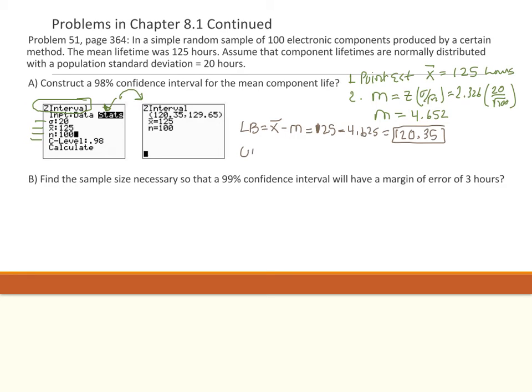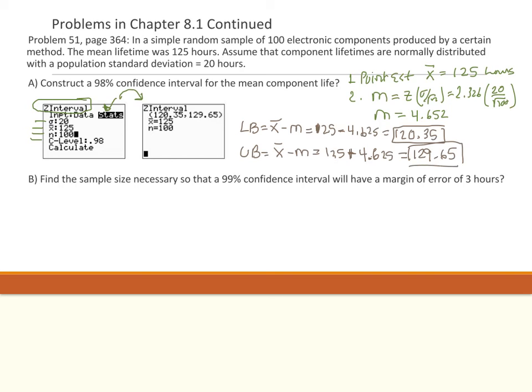And for our upper bound, we have x bar plus m, which is equal to 125 plus 4.625, and we get 129.65. So that's our upper bound.